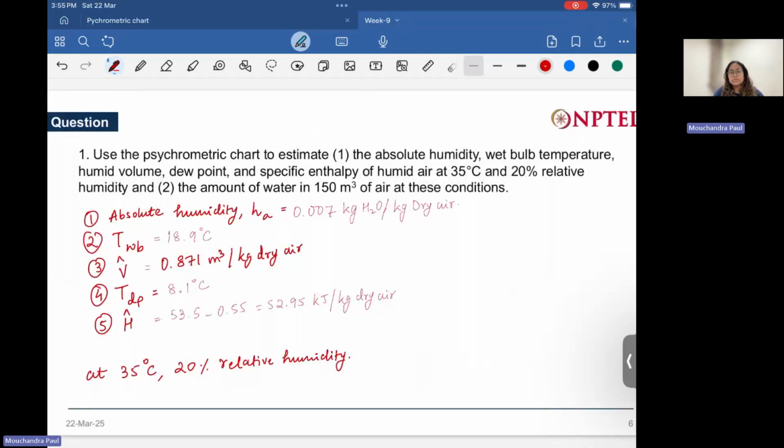All right. Now part 2 asks you the amount of water in 150 meter cube of air at these conditions.